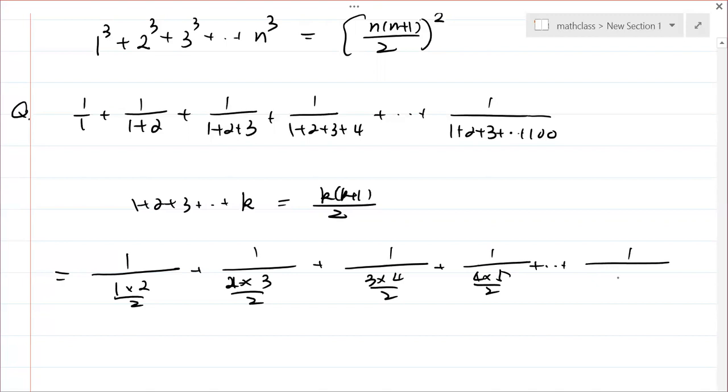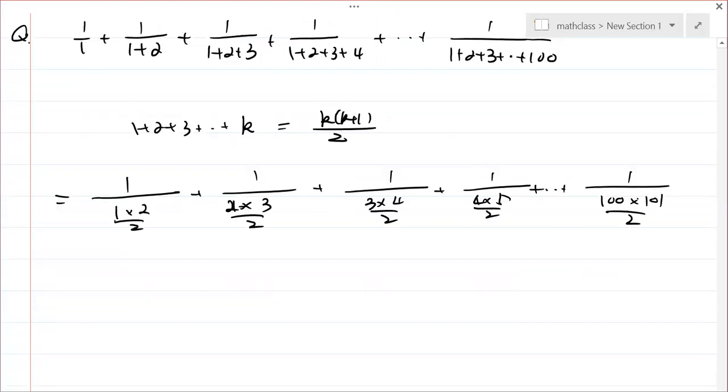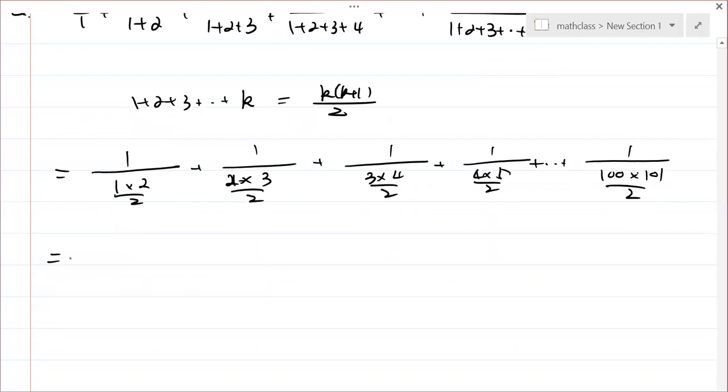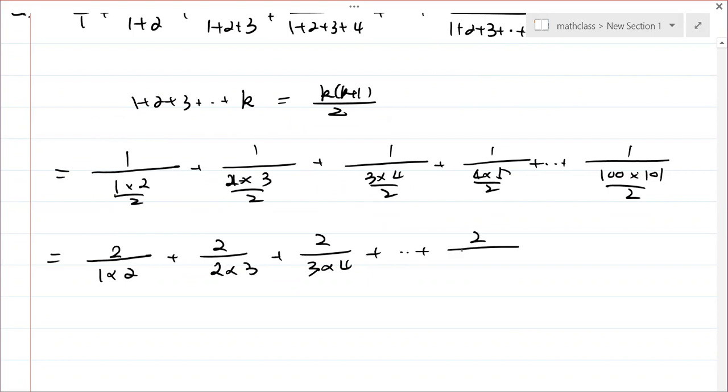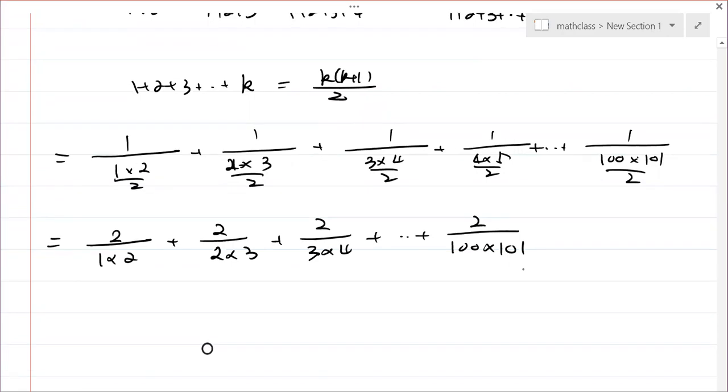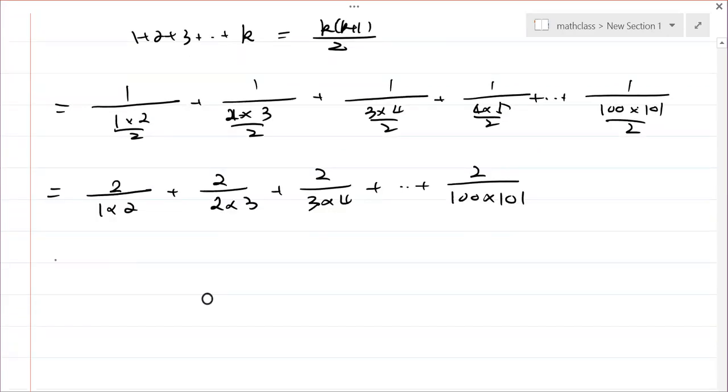The last term will be 100 times 101 divided by 2. If we can express it in that form, you are able to solve the problem already. So you put 2 on the top. Now this one, at least we can prove it. Then you take 2 out.